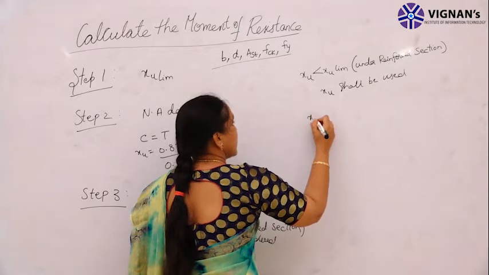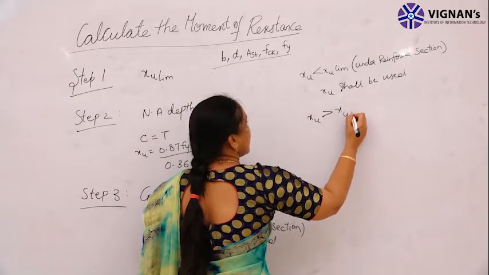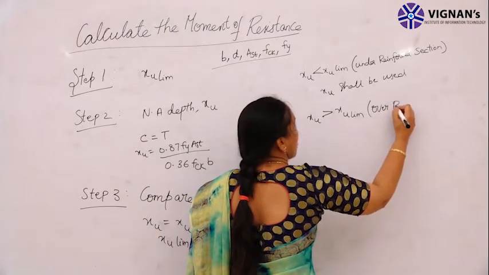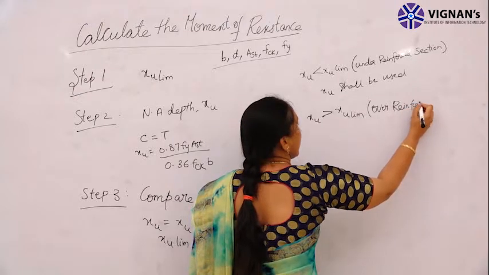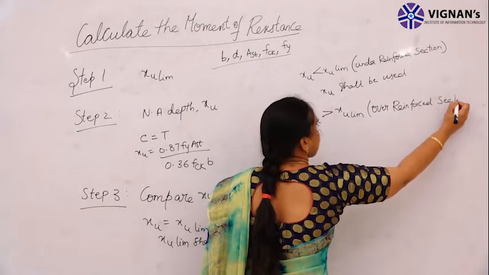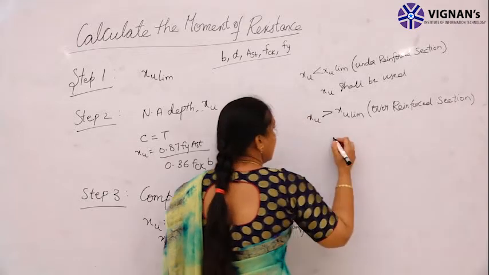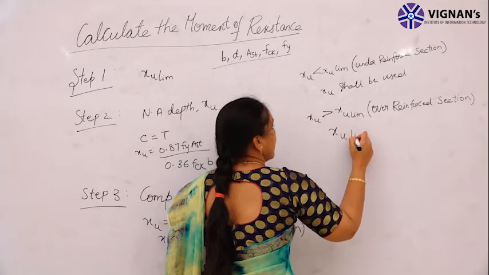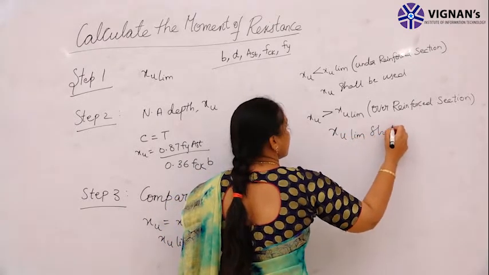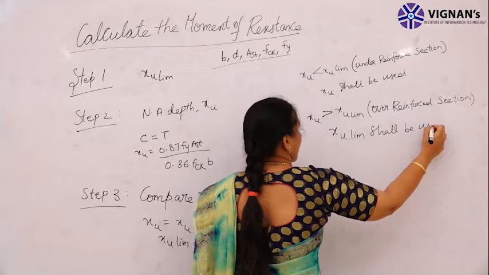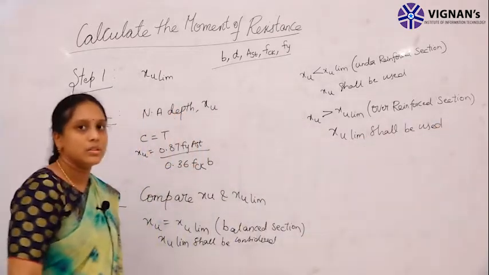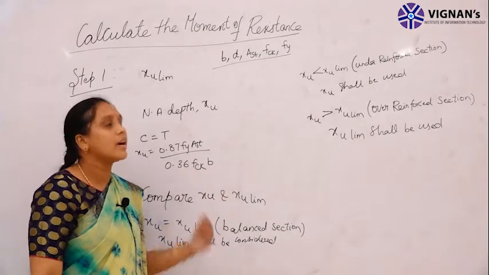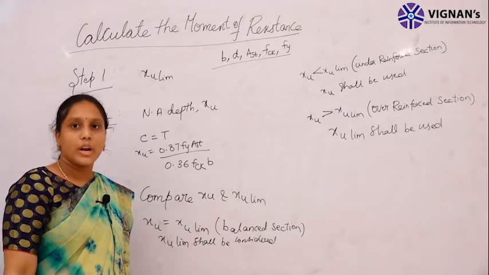The third case is if XU is greater than XU limit, then such a section is an over reinforced section, and XU limit shall be used. So, after comparing, you will get to know whether it is a balanced section, an under reinforced section, or an over reinforced section.